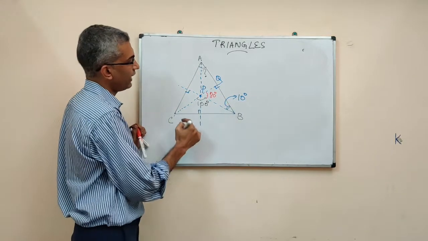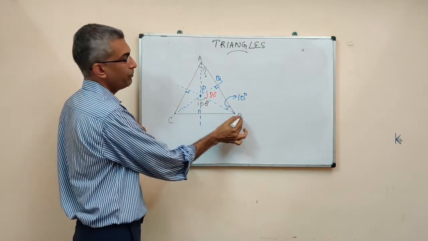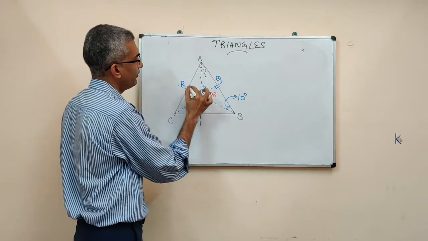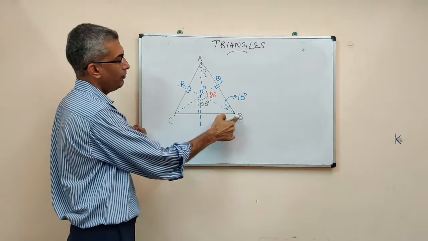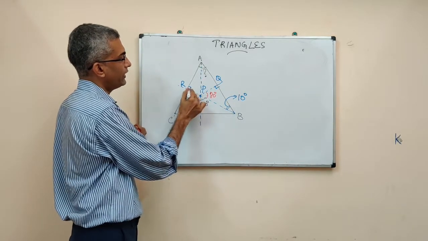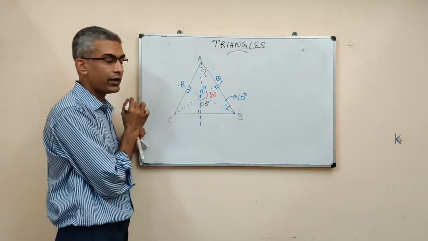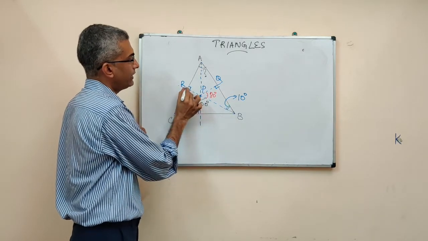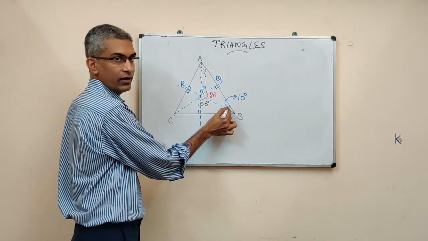Now once you know this angle, consider the triangle BRA. I am marking this point as R. BRA, that is a right angle at R. This is 90 degrees. We know this angle 90 plus 10, 100.